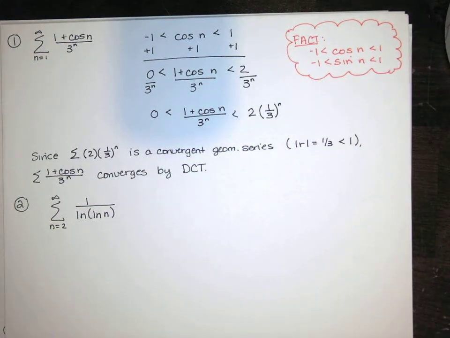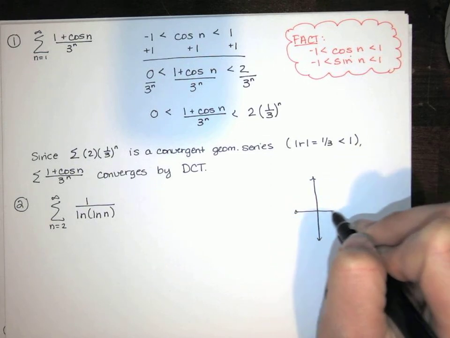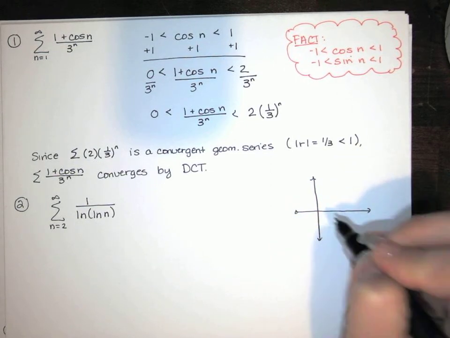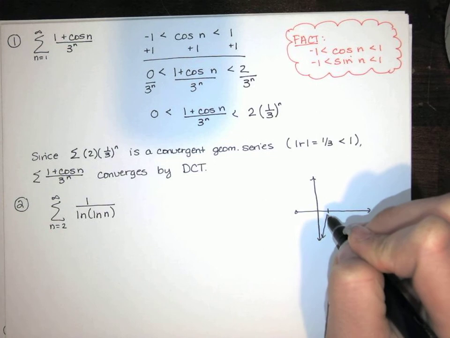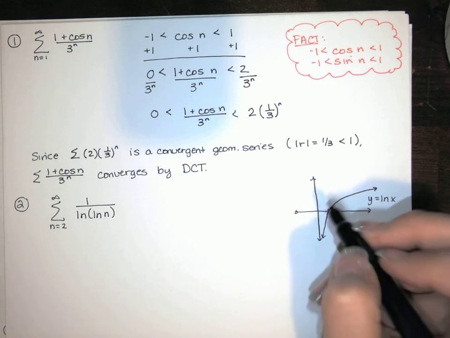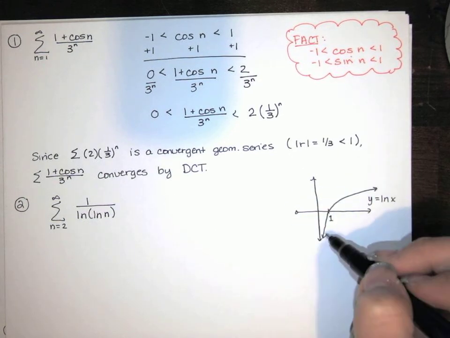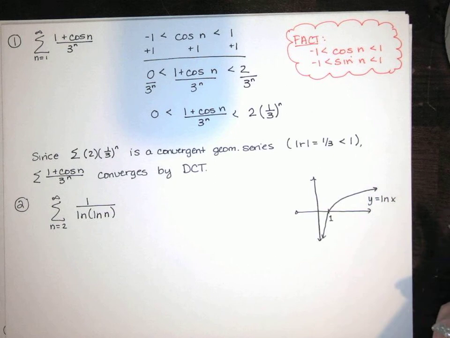this class. But I'll show you the graph of natural log of x. Y equals natural log of x looks like this. It has a vertical asymptote at x equals 0, and as x goes to infinity, natural log of x goes to infinity, but it goes to infinity very slowly.